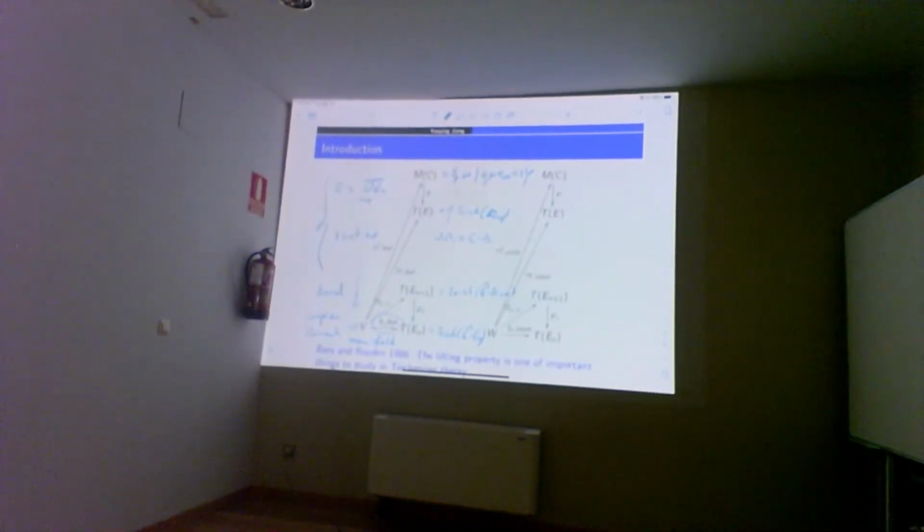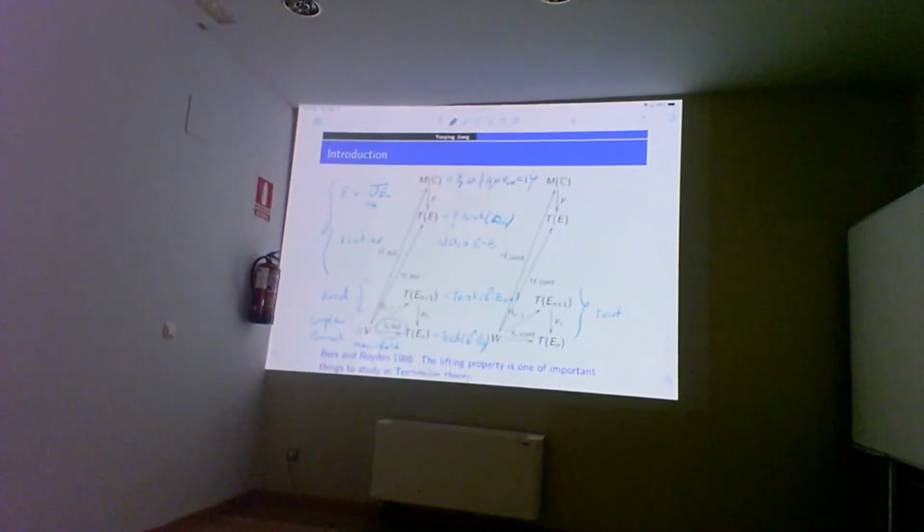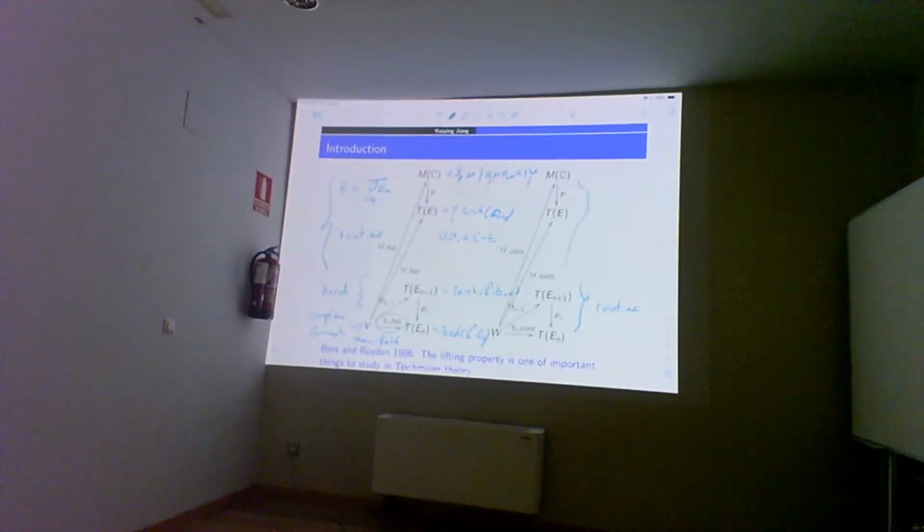As long as you can lift at one point, then further use a normal sequence argument. But for this one, this part is okay, while this part is actually hard. That's what I'm going to explain about these two differences.